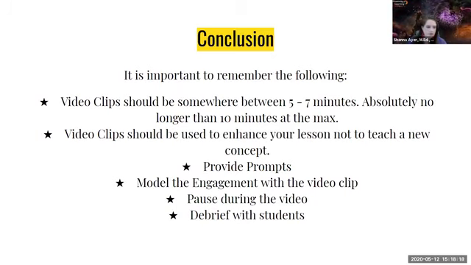And remember too, when we're talking about being selective, there might be parts of something that you don't necessarily want the students to see. You can always snip just the section that you need from the video to show them.